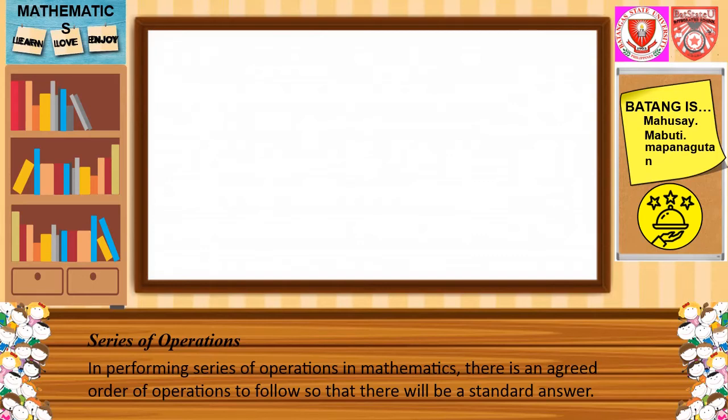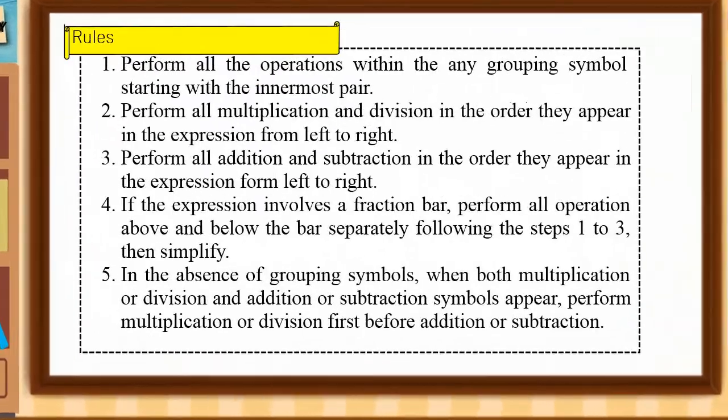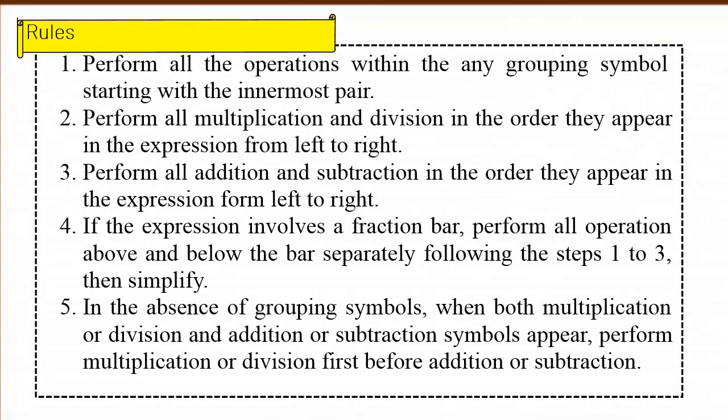Series of operations. In performing a series of operations in mathematics, there is an agreed order of operations to follow so that there will be a standard answer. First, perform all the operations within any group symbols, starting with the innermost pair. Second, perform all multiplication and division in the order they appear in the expression from left to right.